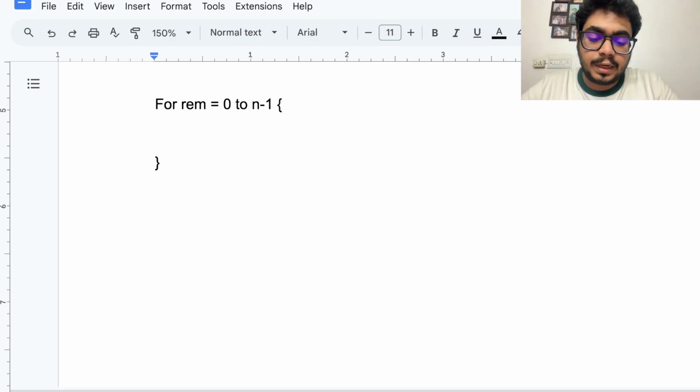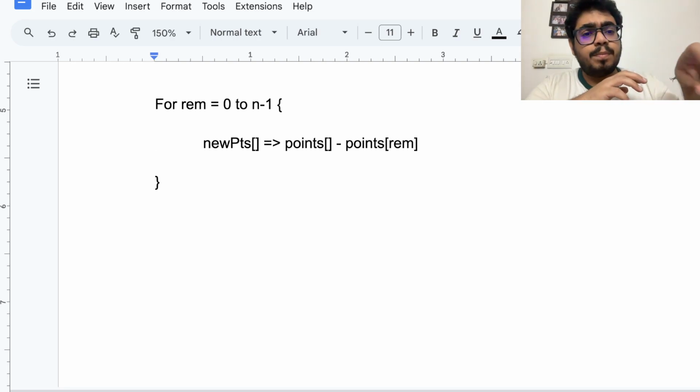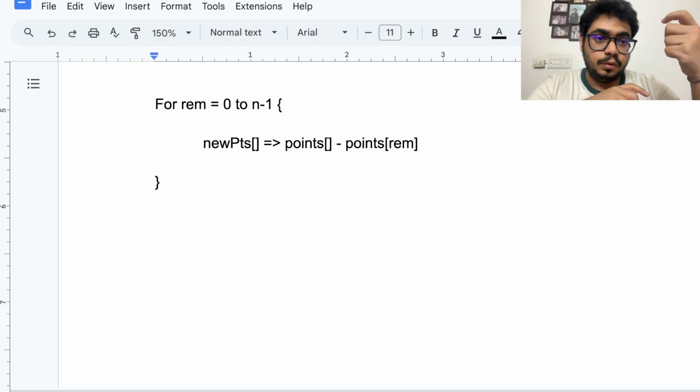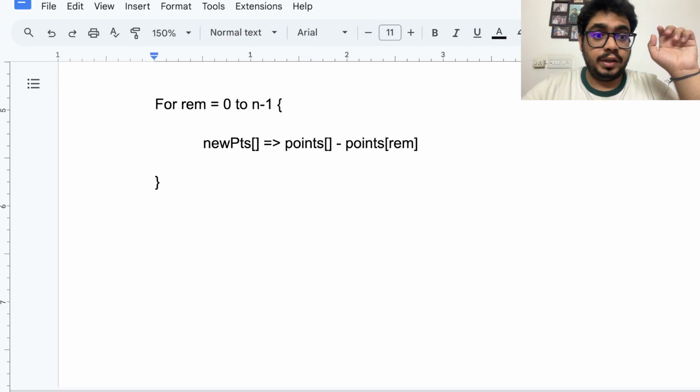So I'll create another array, new points, and I'll copy all the elements of points except the removed element, points of rem. I'll run a loop on my points array, skip rem, and copy all of the remaining ones into new points.